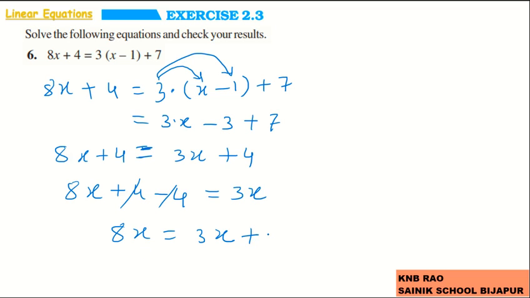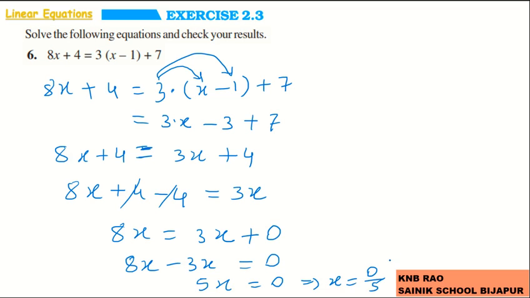Let us consider it as something added to 0. Now if I take 3x to this side, it becomes 8x minus 3x equals 0, so 5x equals 0. It implies x equals 0 upon 5, which implies x equals 0. This is the right answer.